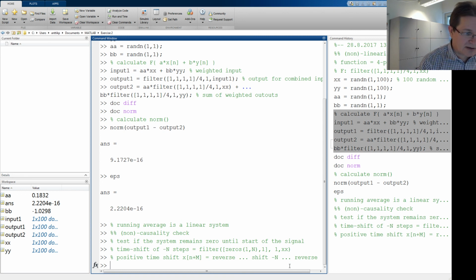I will make it more interesting by making indexes from 1 to 100 minus 50. So this is actually the time scale, so that we can place it somewhere in the middle.